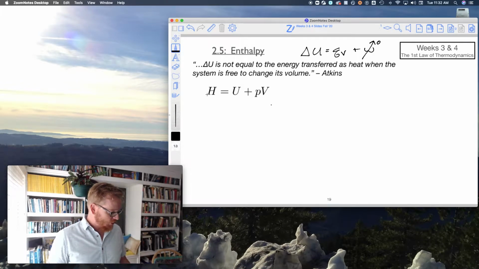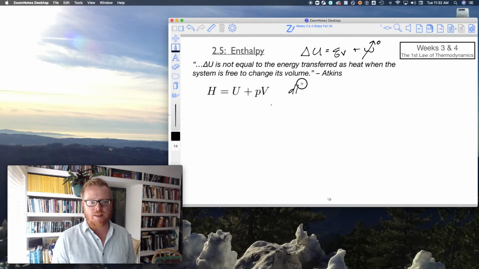Okay, so what I'm going to prove to you now is that dH equals dQ at constant P for infinitesimally small changes, or for measurable changes, delta H equals QP. So that's the constant pressure heat. Okay?